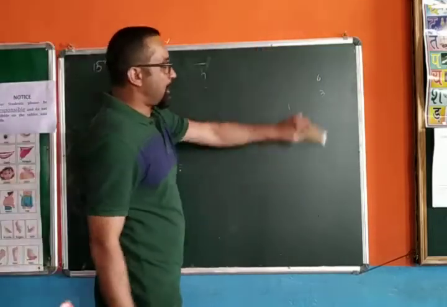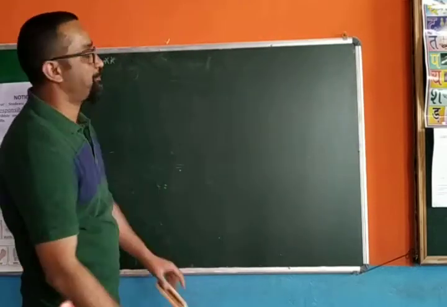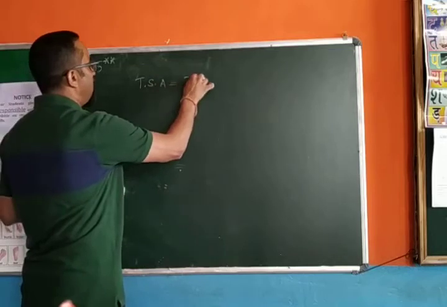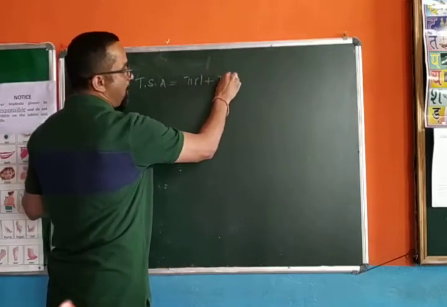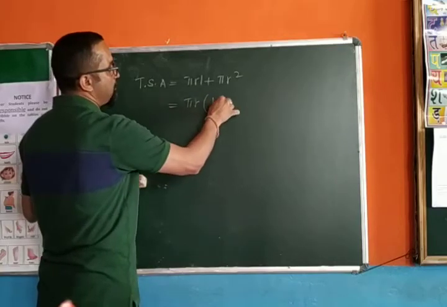Once you know the slant height, you can calculate total surface area. Total surface area equals pi r L plus pi r squared. Take pi r common, L plus r.